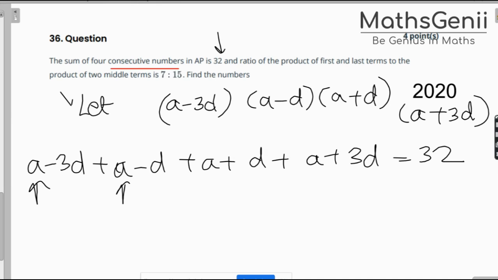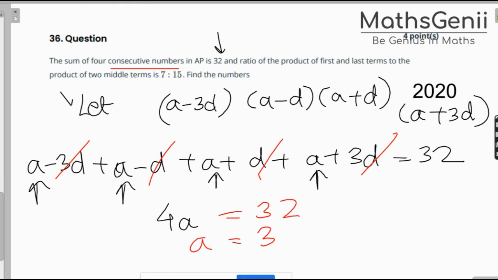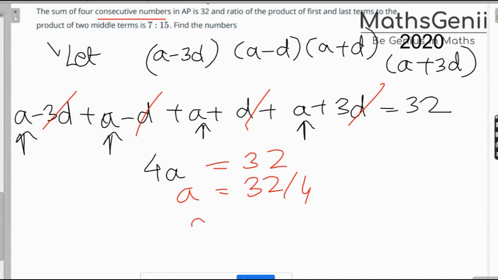A, A, A, A, 4 times becomes 4A, correct? Then look at this very carefully. Minus 3D plus 3D cancel. Minus D plus D cancel. It is equal to 32. A is equal to 32 upon 4, which is A is equal to 8. So I got the value of A from here.